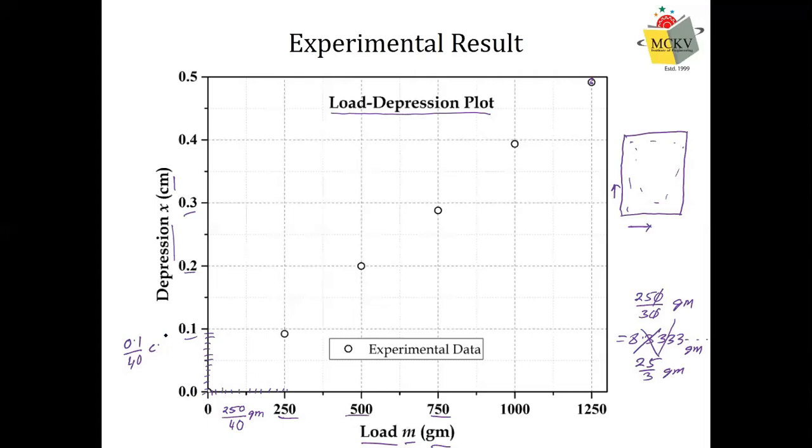Better accuracy. So we'll always try to draw the graph in such a way that the maximum portion of the graph paper can be utilized. That means we can get smaller and smaller values for one division along x or y axis. Okay, so that's done.